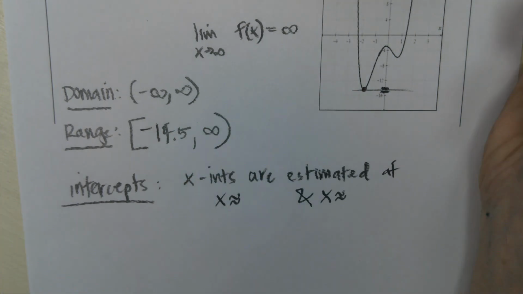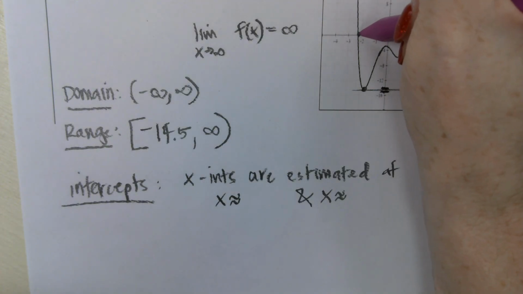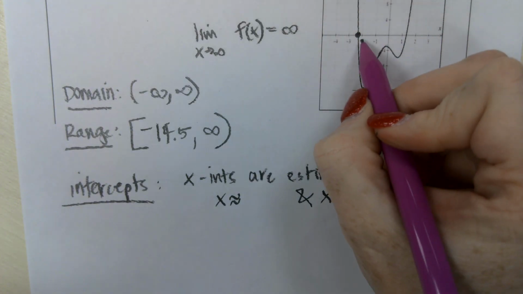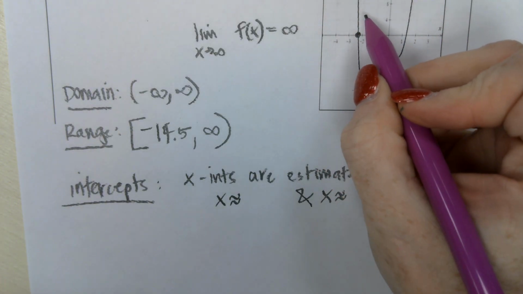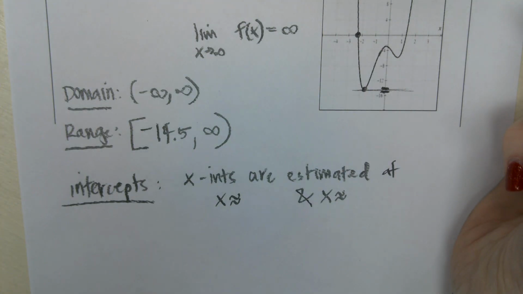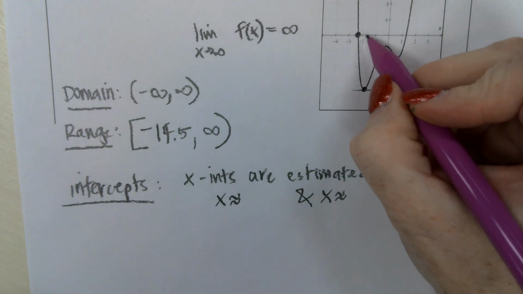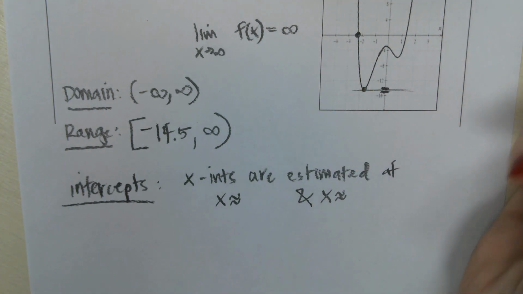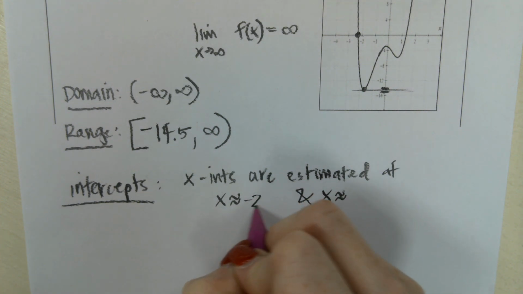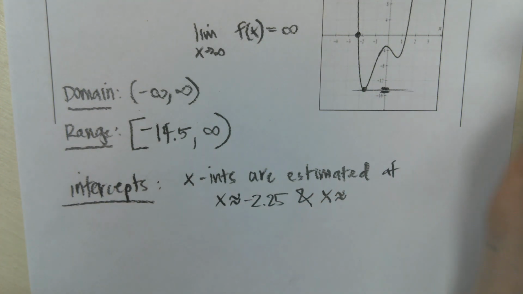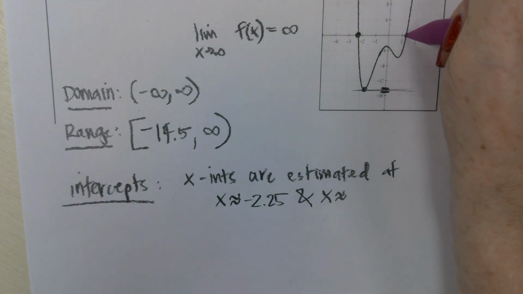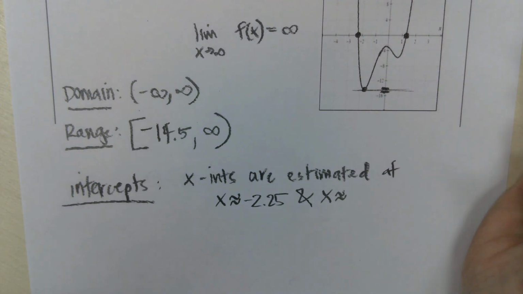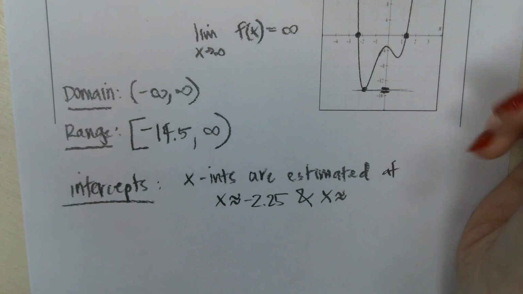What do you think? Does that look like it's halfway between, or halfway between the halfway point? Yep, it looks like it's a quarter of the way. So I'm going to say right here, -2.25. What would I say for this one then? Perfect.